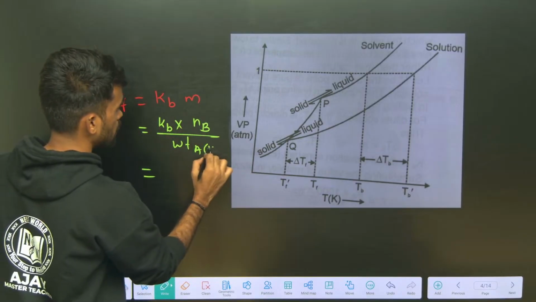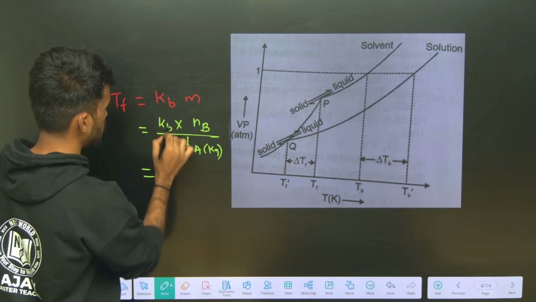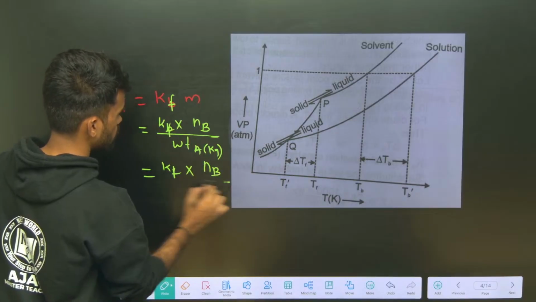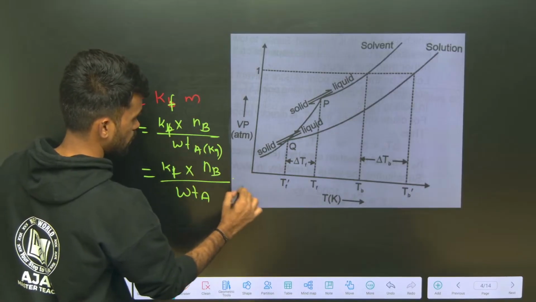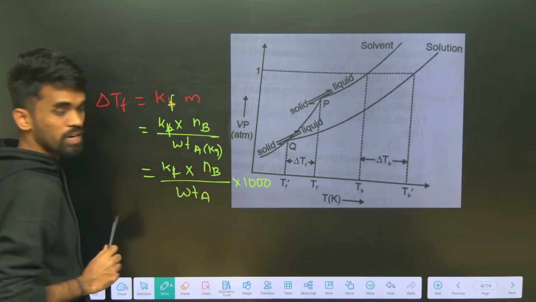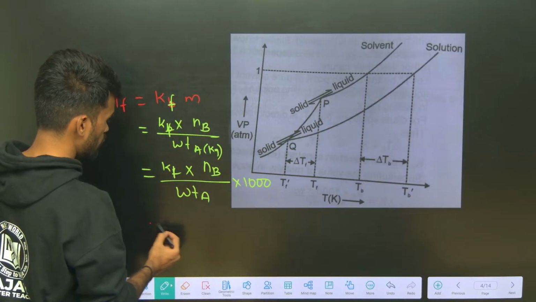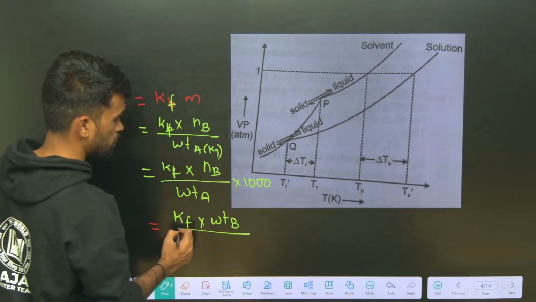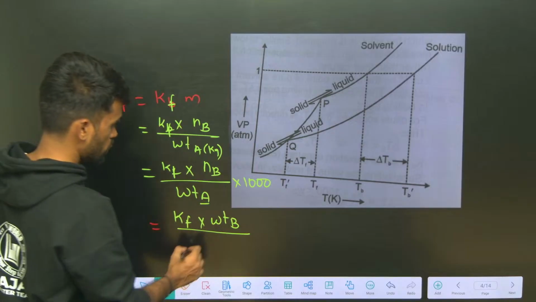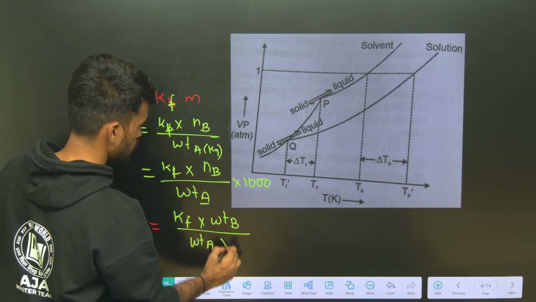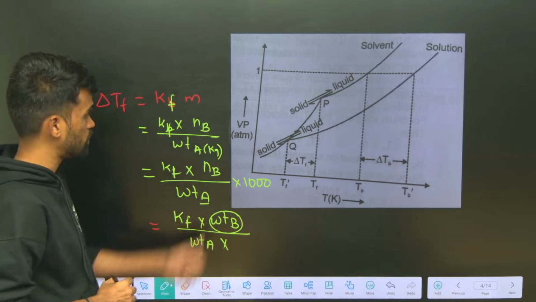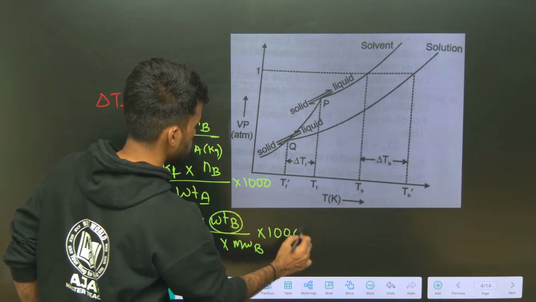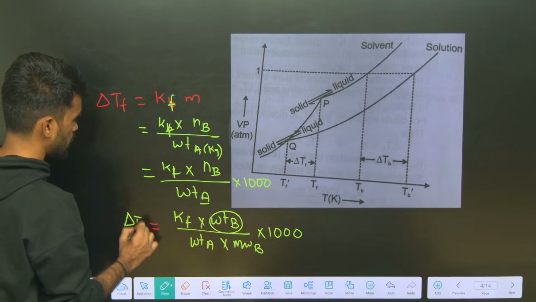If it is given in grams, you can write it as Kf into nB by weight of A into 1000. B represents solute, A represents solvent here. The number of moles I can write as weight of solute by molecular weight of solute. So the equation is Kf into weight of solute into 1000 by molecular weight of solute into weight of solvent, which is also very important.